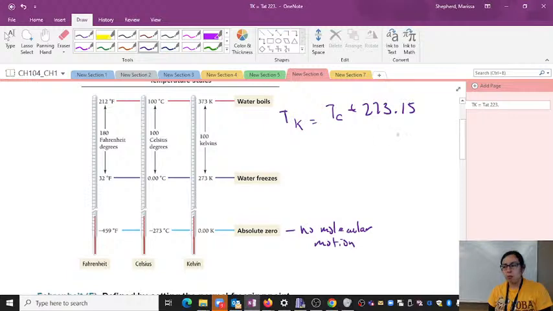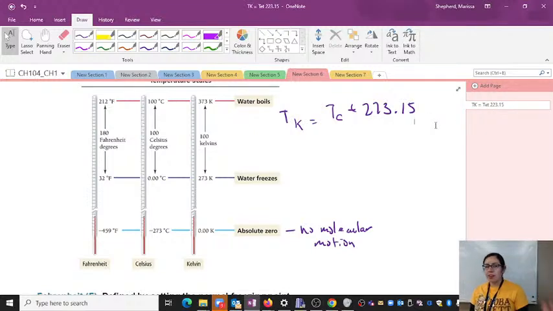I think it's technically 0.15, but the only time you really care about this 0.15 is on your homework question where it's exactly this number. Otherwise, when you're measuring a temperature, it's probably inaccurate anyways. And so we just use plus 273, but that's the only reason why I brought up that 0.15. And of course, they increase at the same rate, so a 1 degree increase in Celsius is also equal to a 1 degree increase in Kelvin.